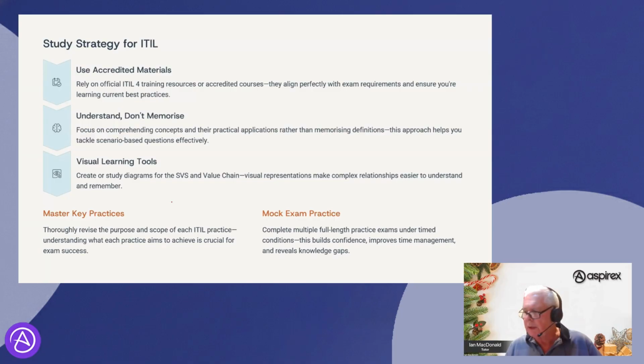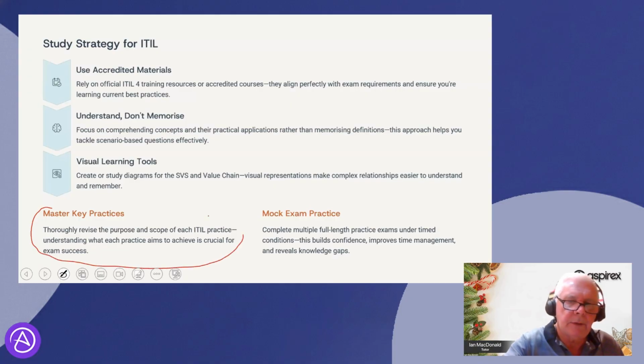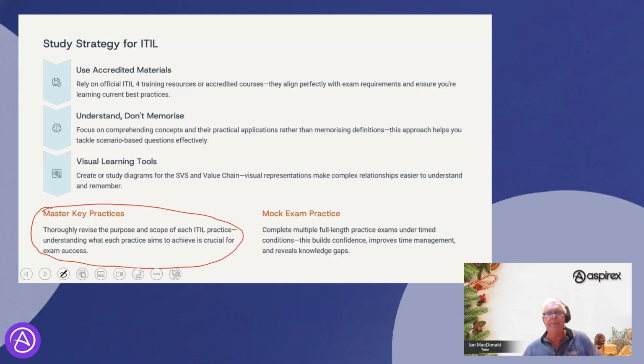Okay, so master the key practices. The reason we make a point of the practices is because there are 24 marks. Just think of that. 24 marks out of 40 will be based on those 15 ITIL practices covered within the syllabus for ITIL 4 Foundation.